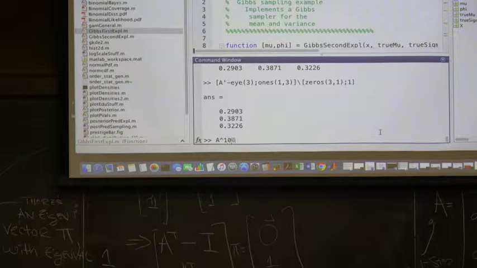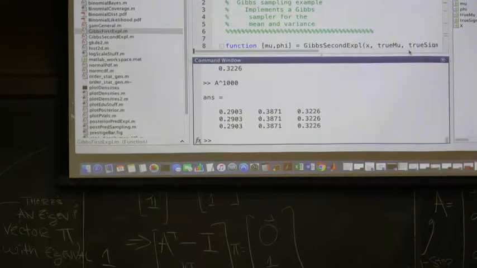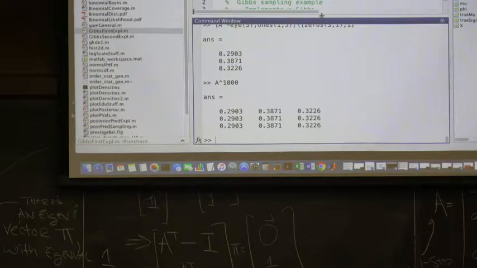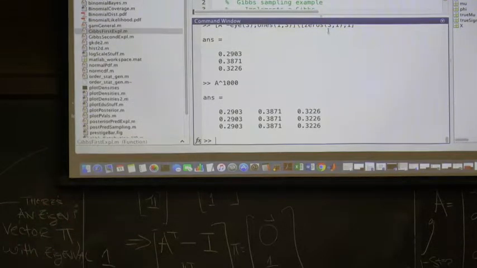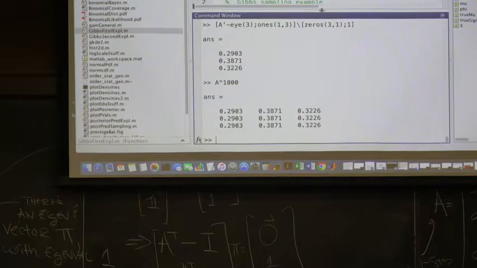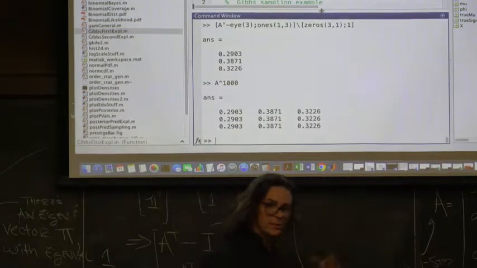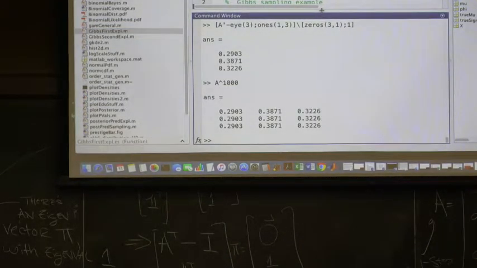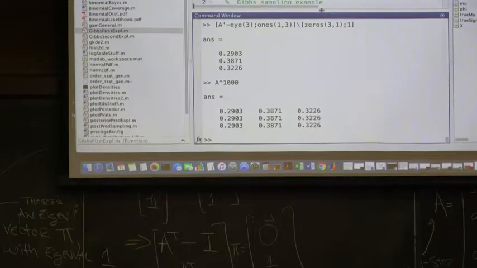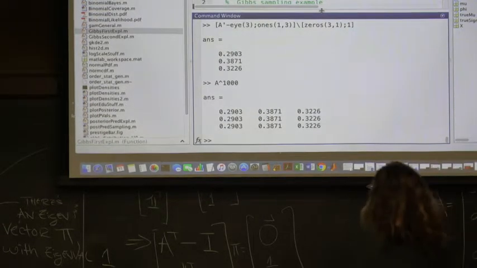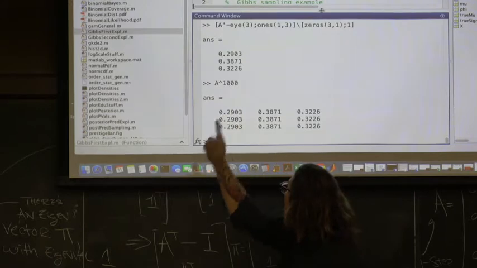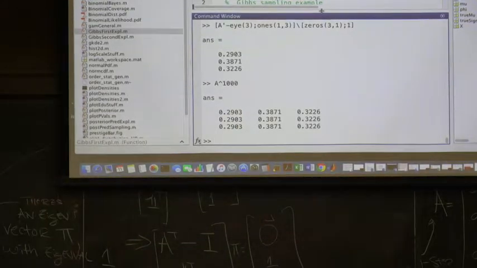Let's go back to that. I clicked through it a few more times. And my stationary distribution that I solved for turns out it is the limiting distribution. Same probabilities of being in the states. So these numbers right there are those numbers. So that's how you solve for it.